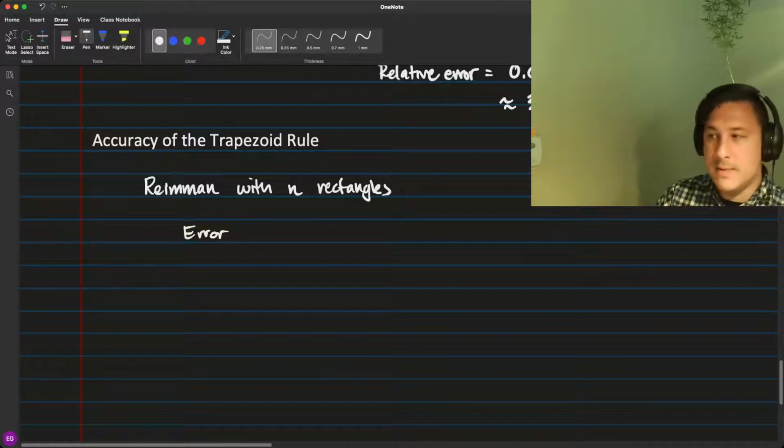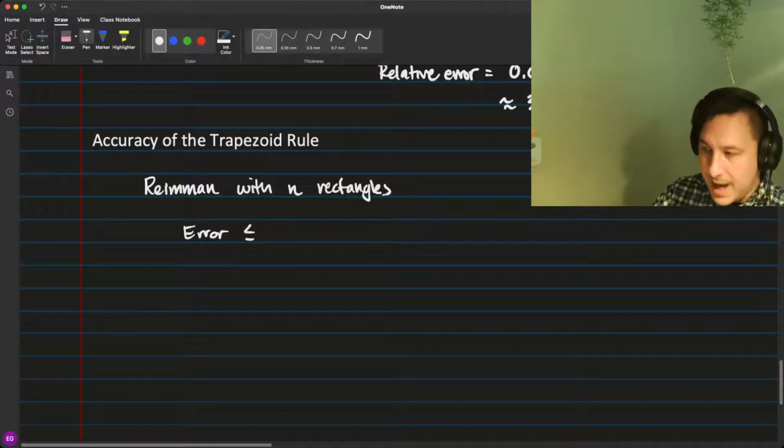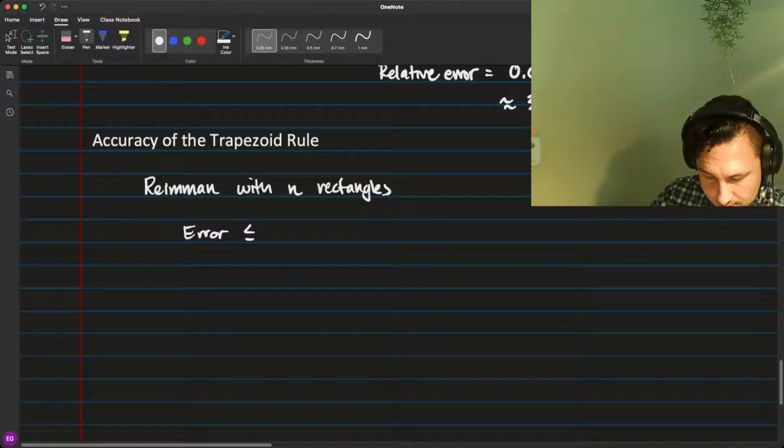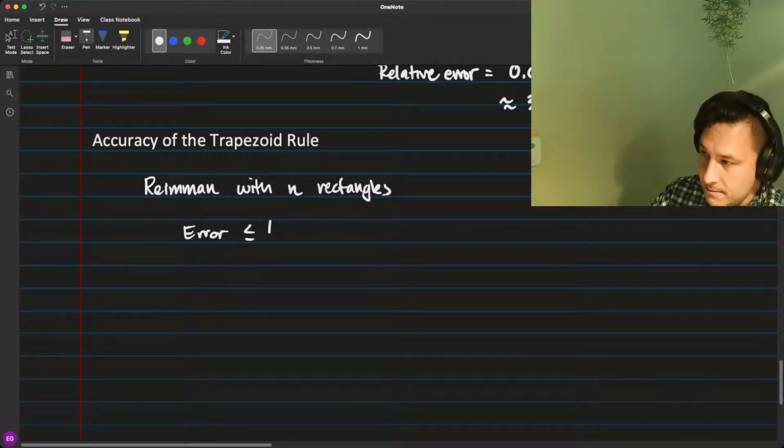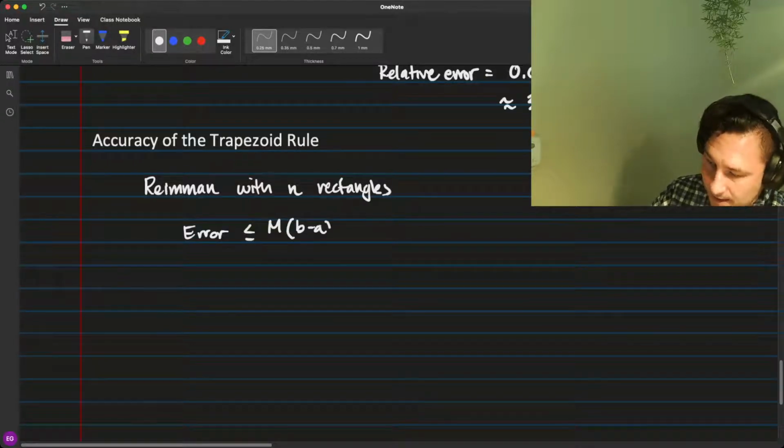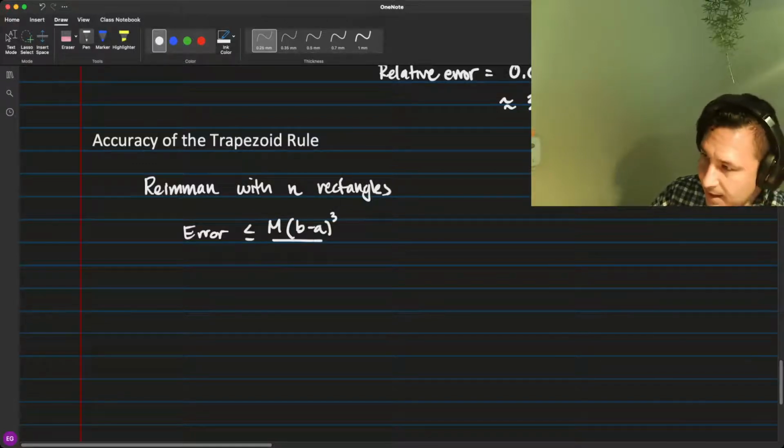So the error that you might get is going to be at worst M times (b minus a) cubed divided by 24n squared.